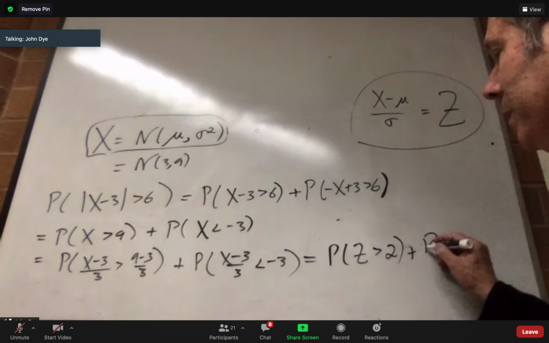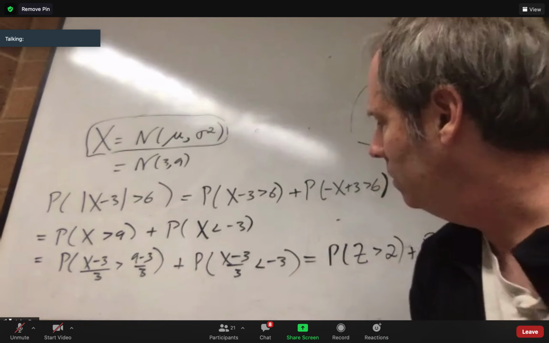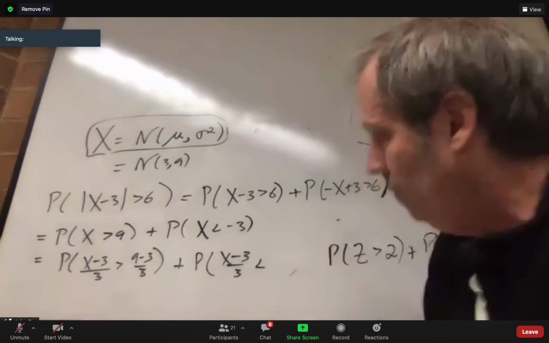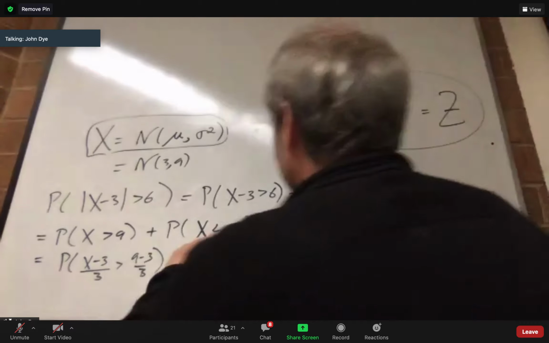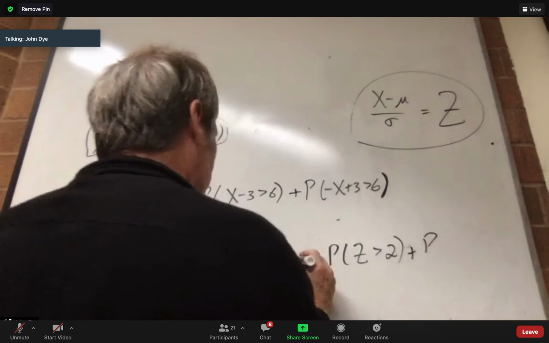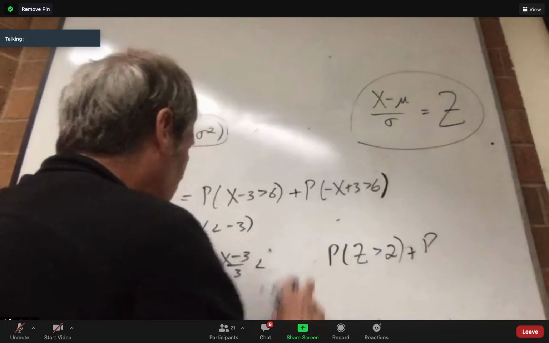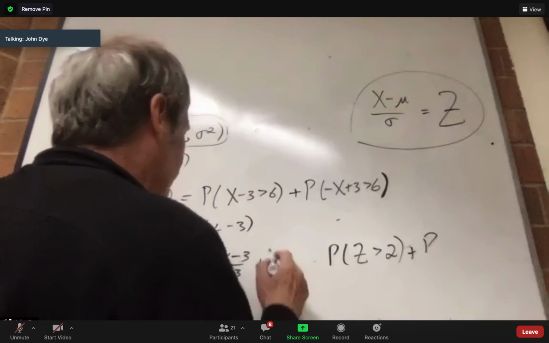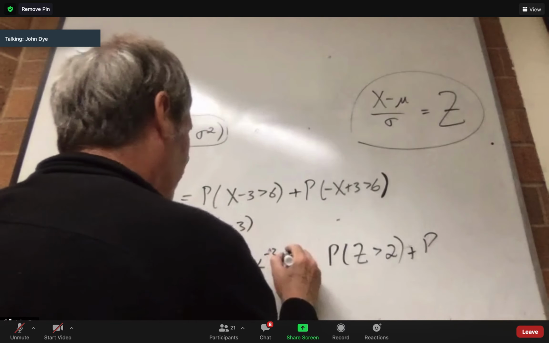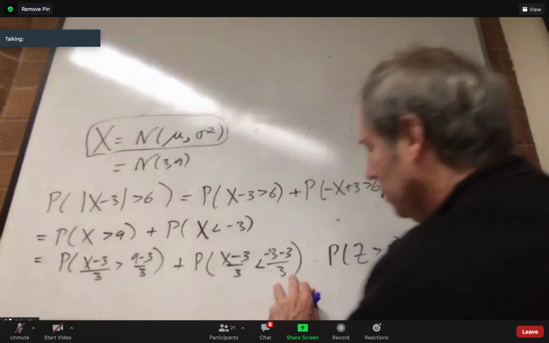Plus the probability. Now what's this? Did I forget to do this? I'm doing this one right here. I need to do the same thing. X minus 3 over 3. I have to go minus 3. Now I subtract off 3 divided by 3. So what is this?